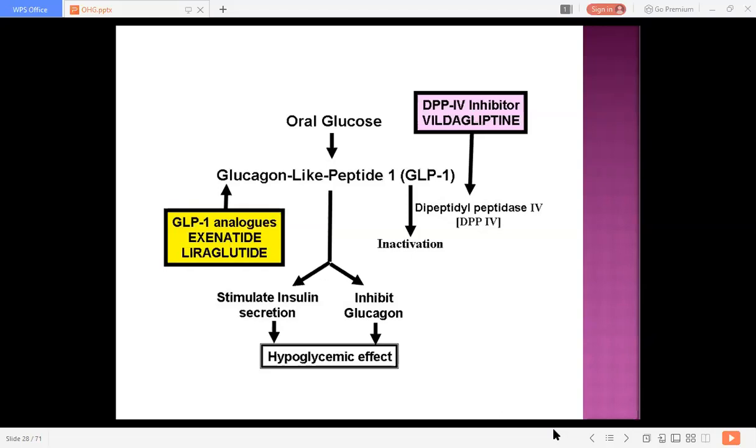But GLP-1 is degraded by dipeptidyl peptidase 4, which causes inactivation of GLP-1. So we have two different drugs: GLP-1 analogs, exenatide and liraglutide, which act like GLP-1, and DPP-4 inhibitors, reducing the inactivation of GLP-1.